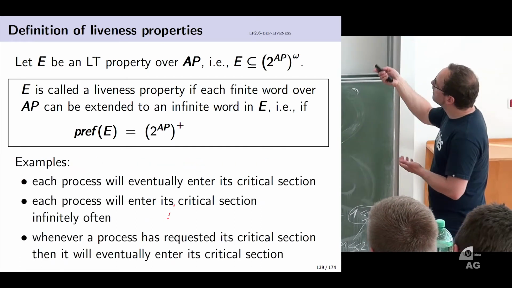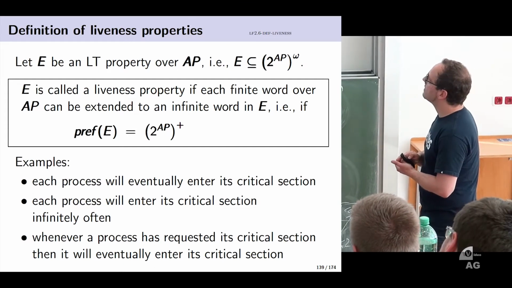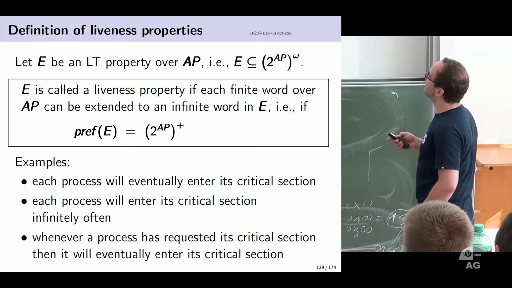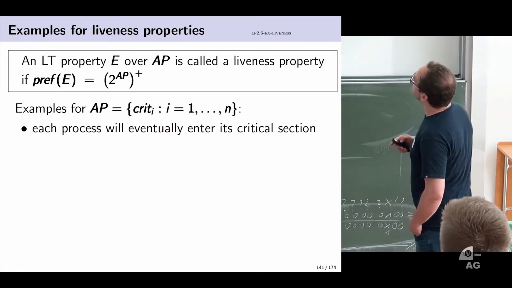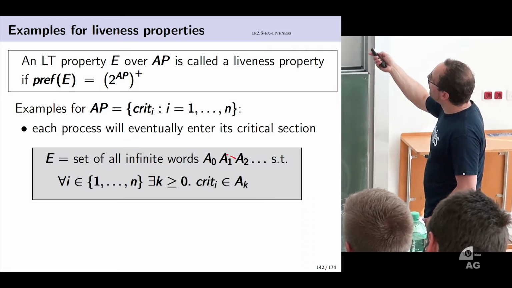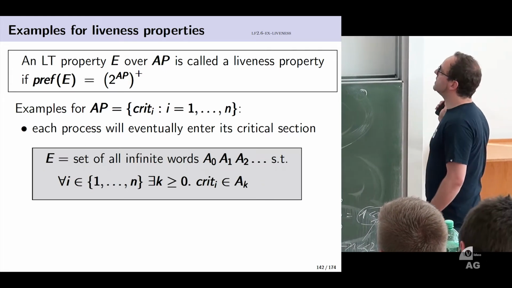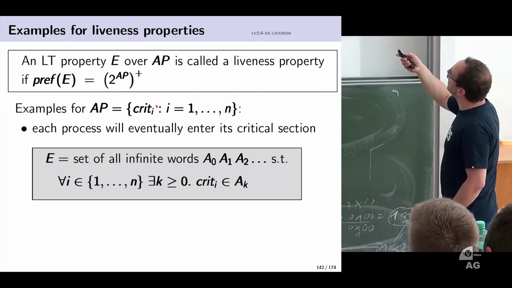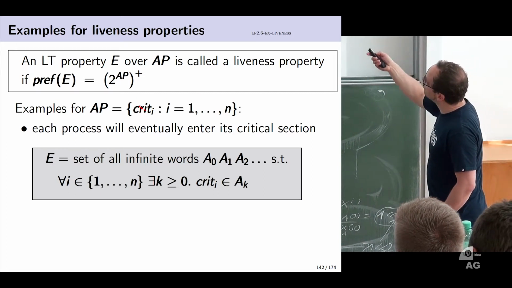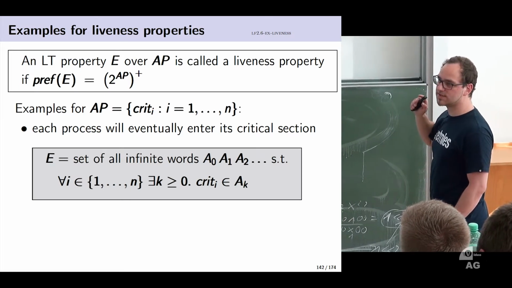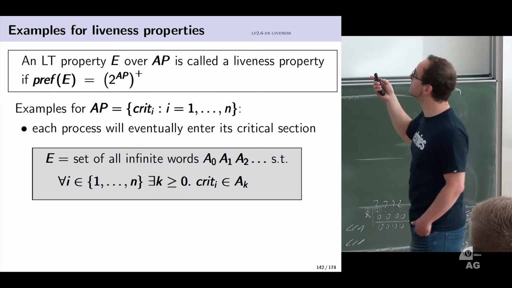Okay, let's not go through all of these examples again. I mean, they are essentially what we had on the previous slide. Let's maybe look at this example, formulate an LT property that is a liveness property. So say we have n processes, and we have atomic propositions, crit i, for all these n processes, crit 1, crit 2, and so on.